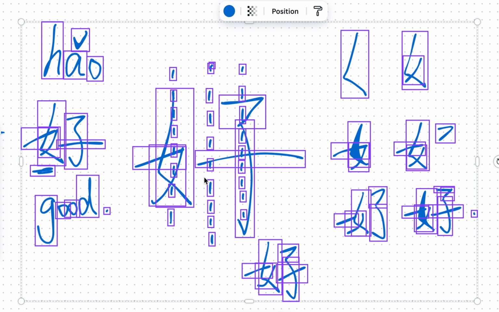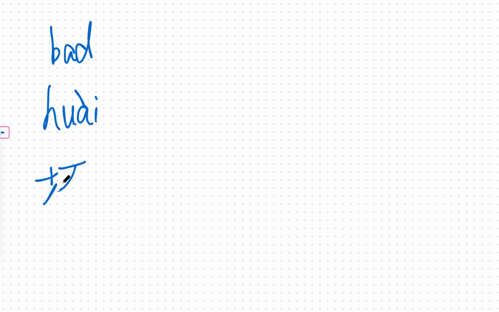Okay, that's for good. And what's for bad? Bad is 坏. It writes like this. 坏. So again, the left part first and the right part.